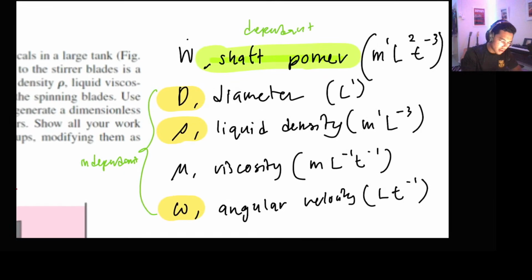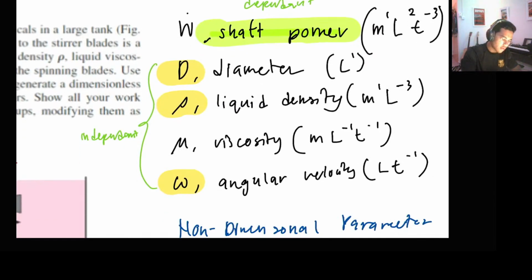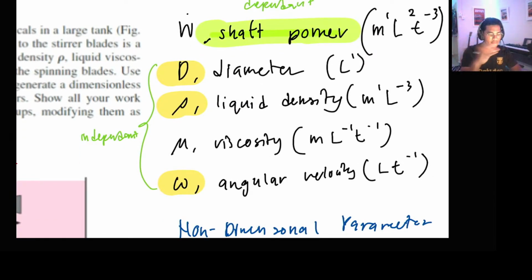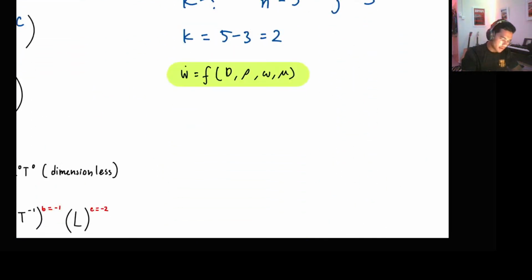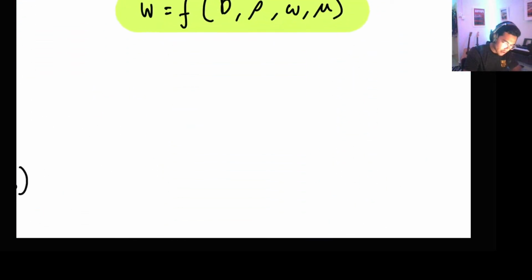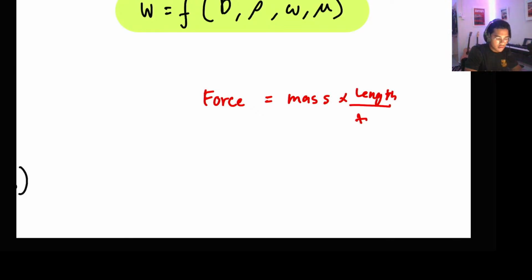Shaft power is force over time. Okay, remember I said that we need to memorize force. What is force? Force is mass times length over time squared.